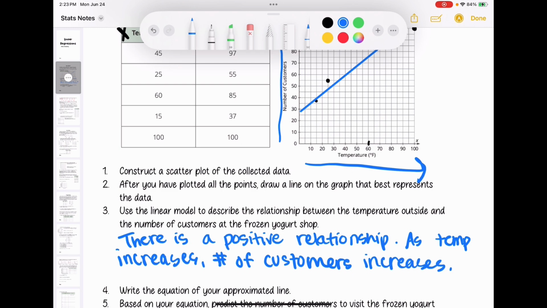All right, so that's defined as a positive relationship because the slope is positive because the graph is going up.